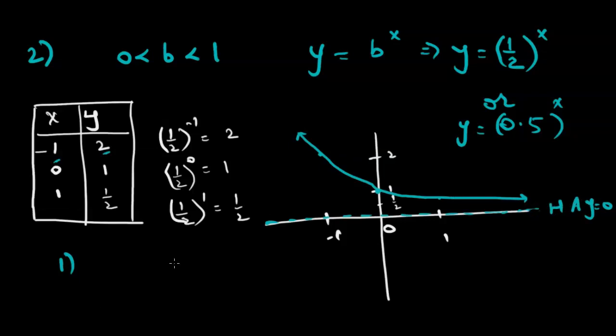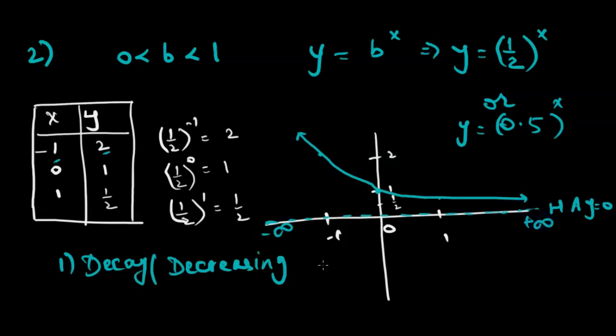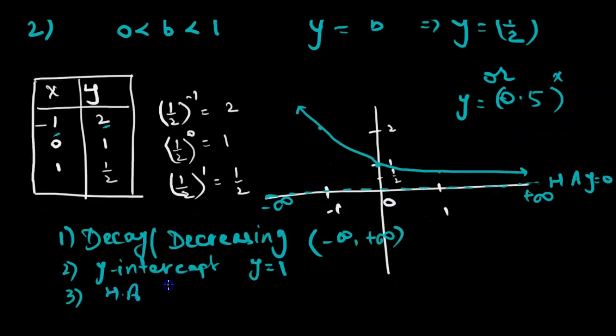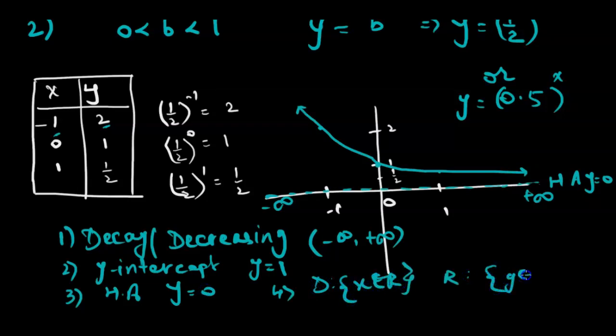Therefore, this graph is a decreasing graph, or this is also called a decay graph. And entirely from negative infinity to positive infinity, it is decreasing. Second, we have a y-intercept at y equal to 1. Third, we have a horizontal asymptote at y equal to 0. Fourth, domain is x ∈ ℝ and range is y ∈ ℝ, where y is still greater than 0.